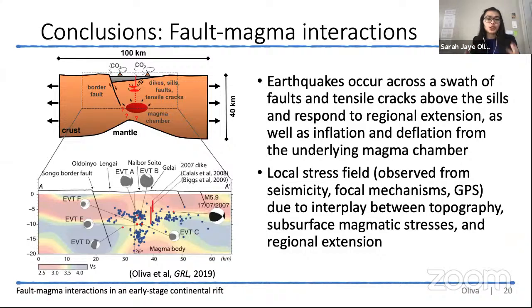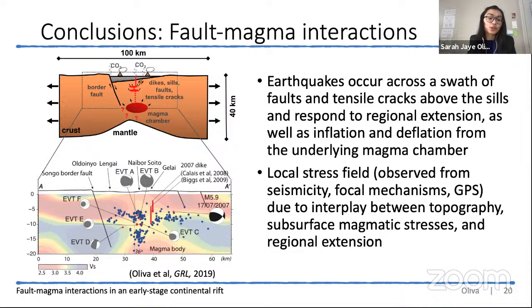And just to leave you with the conclusions on fault-magma interactions: we think that earthquakes occur across a swath of faults and tensile cracks above sills that respond to regional extension, as well as inflation and deflation of the underlying magma chamber.